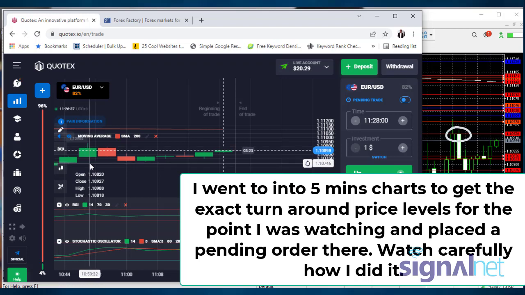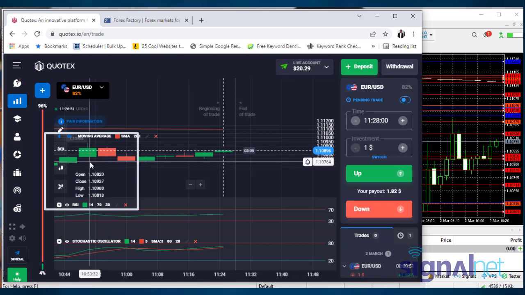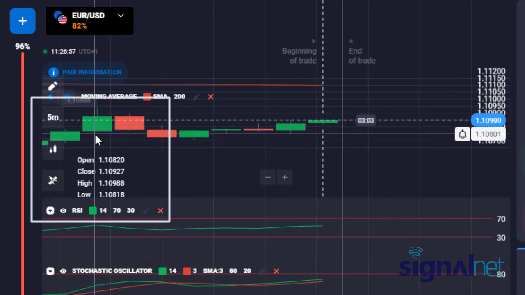Open price 0820. Open price. Okay, open price. Okay, close price. Close price here was, so I cannot get in this thing.